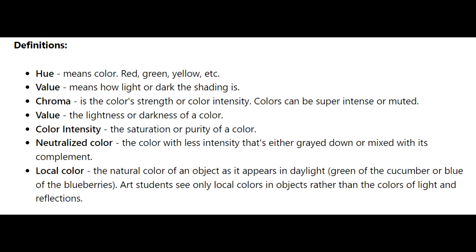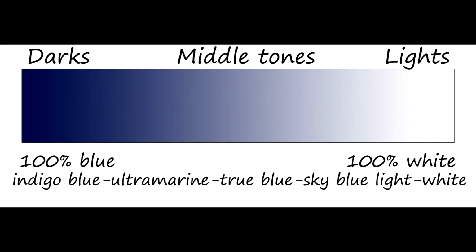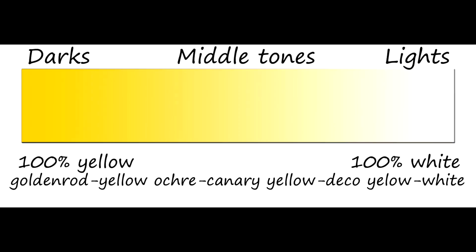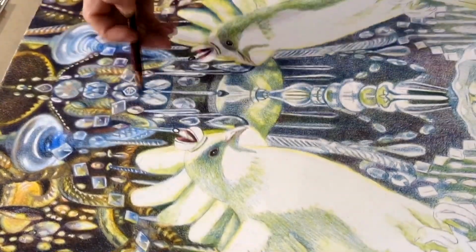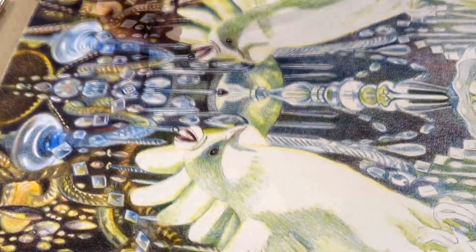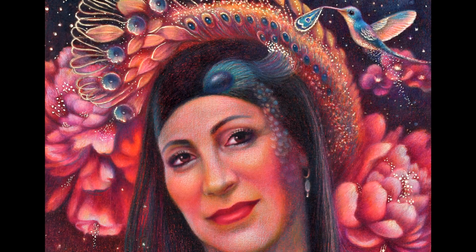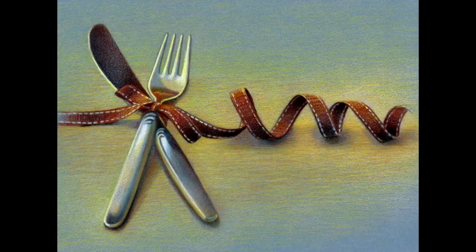Hue means color, like red, green, yellow. Value means how light or dark the shading is. Chroma is the color strength or color intensity, because colors can be super intense or muted.